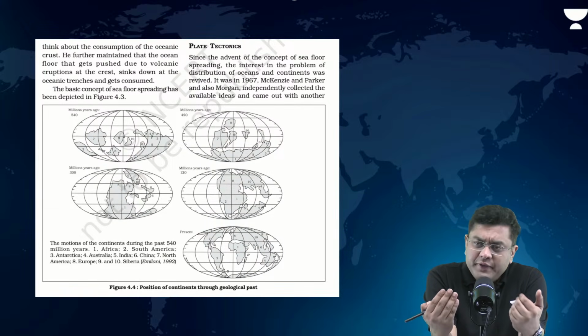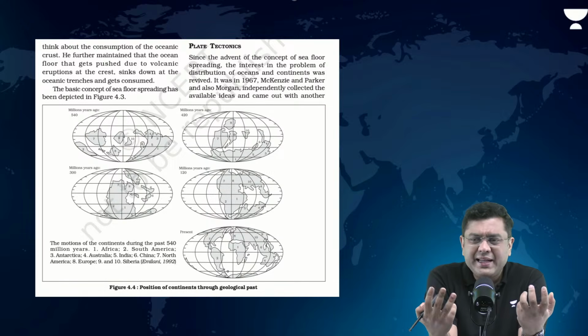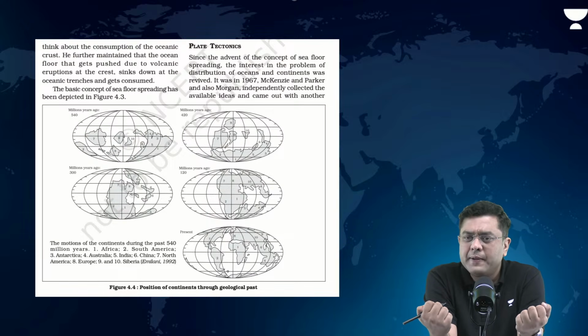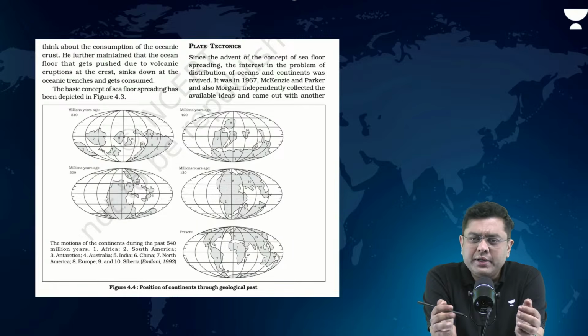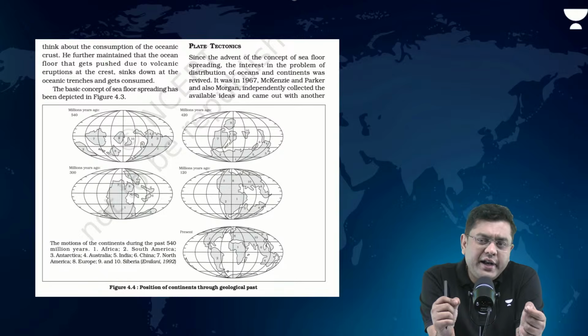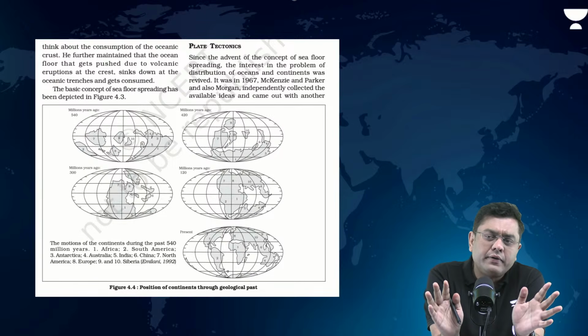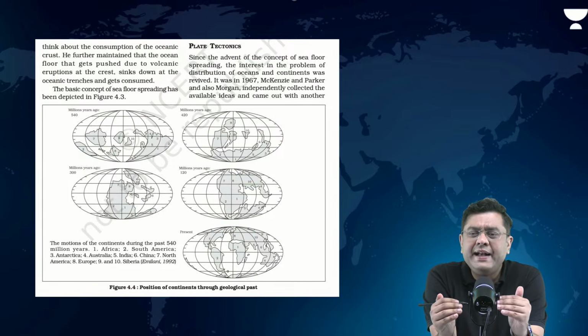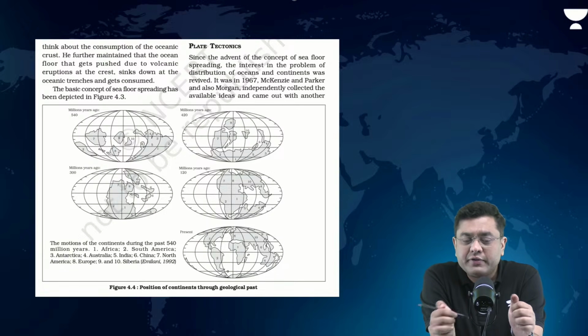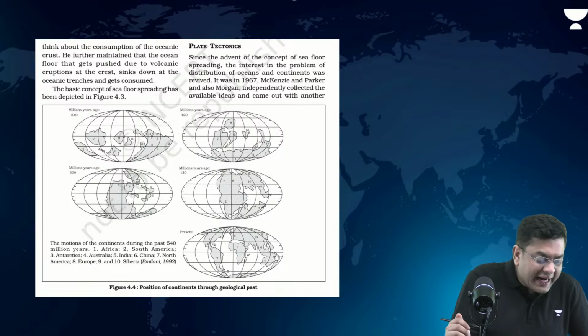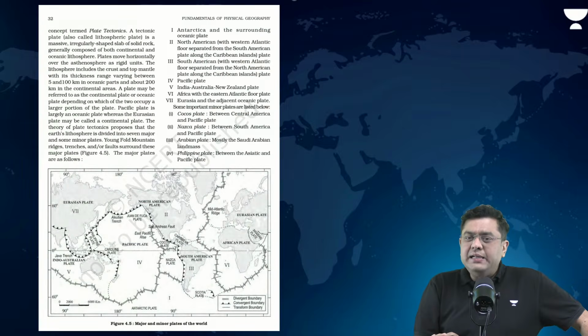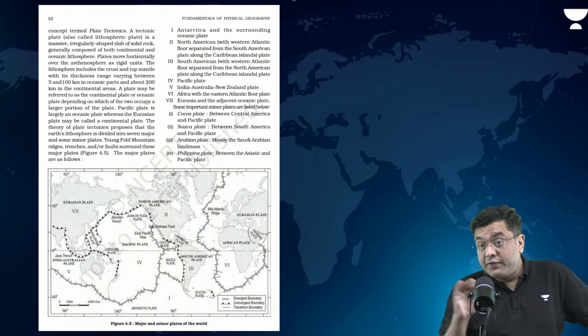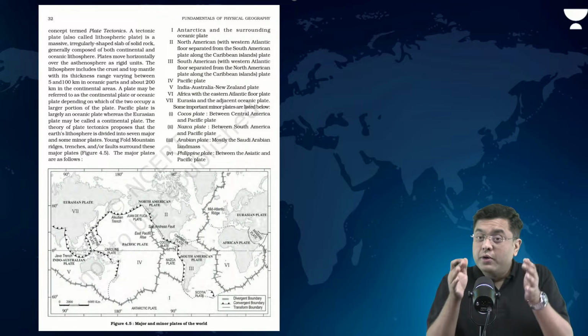Now, all of these people, when they were studying individually and in groups, etc., came upon a conclusion that all these areas of earthquakes and volcanoes are concentrated in certain areas only because the surface might be very weak in those areas. The earth's crust could have been very weak in those areas. Based upon that conclusion, they came upon the idea that the earth's surface is divided into sections.